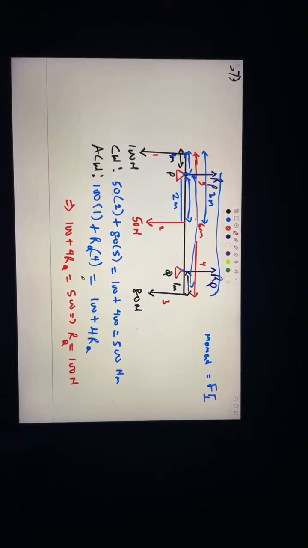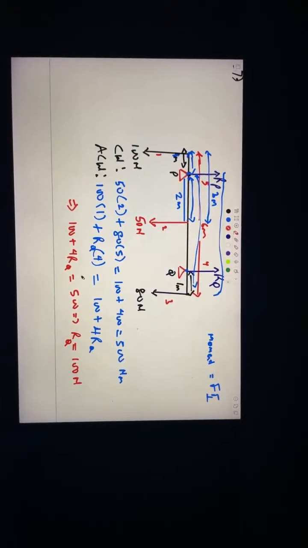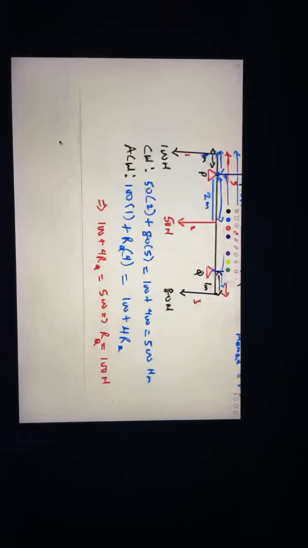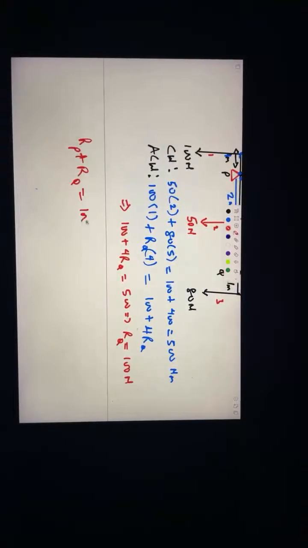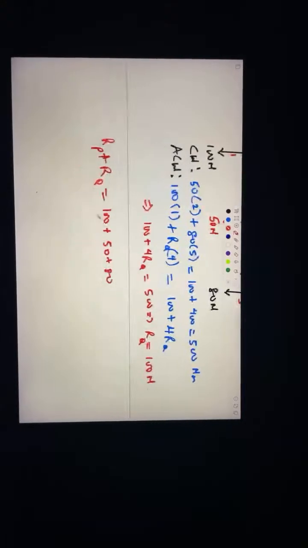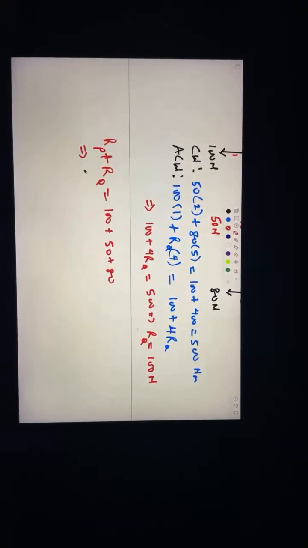Now we don't need to go through this headache to get our RP. Sum of upward forces must be equal to sum of downward forces. What are the two upward forces that we have? Those are RP plus RQ, which must be equal to the sum of downward forces: 100, 50, and 80. We already know our RQ.